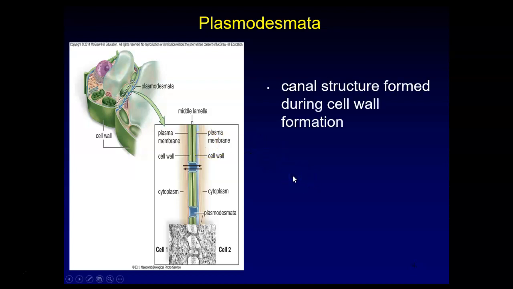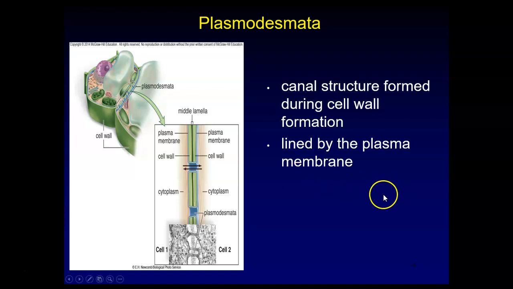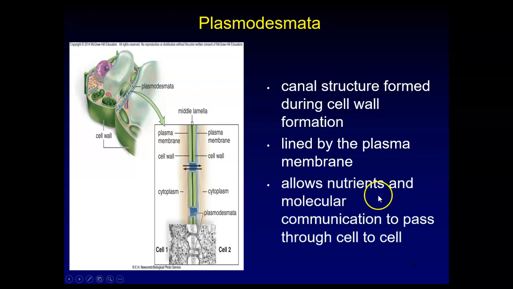So it's a canal-like structure that's formed during the production of the cell wall. It's lined by the plasma membrane, so you'll see the plasma membrane lining the wall. And then again, it allows for molecular communication. So from cell to cell, any nutrients, etc., that's how they're going to move from the innermost to the outermost, or from the outermost to the innermost.